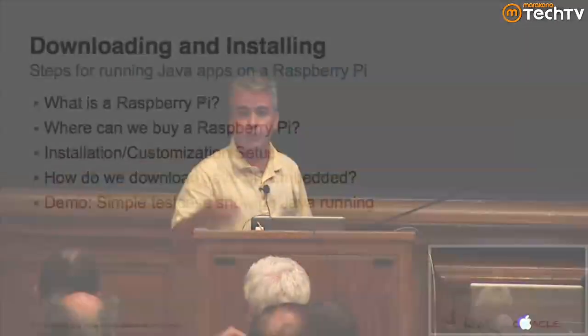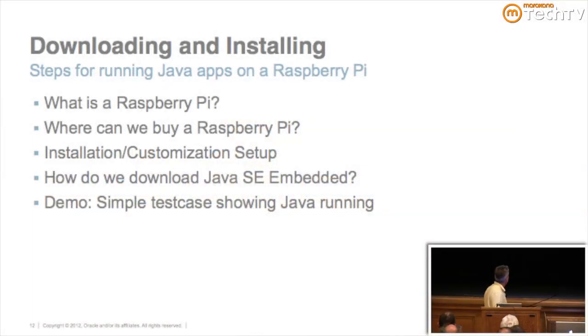So basically, what I'm going to talk about is the Raspberry Pi. Obviously, the good question, where do you get a Raspberry Pi? Some installation, typical customization stuff that I've found very useful doing ARM. I think we've been doing ARM for, oh gosh, I don't know how many years. And so over the years, I've found a lot of different types of issues that I ran into, and I kind of listed a few of them to make it a little bit easier for people that are jumping into these platforms.